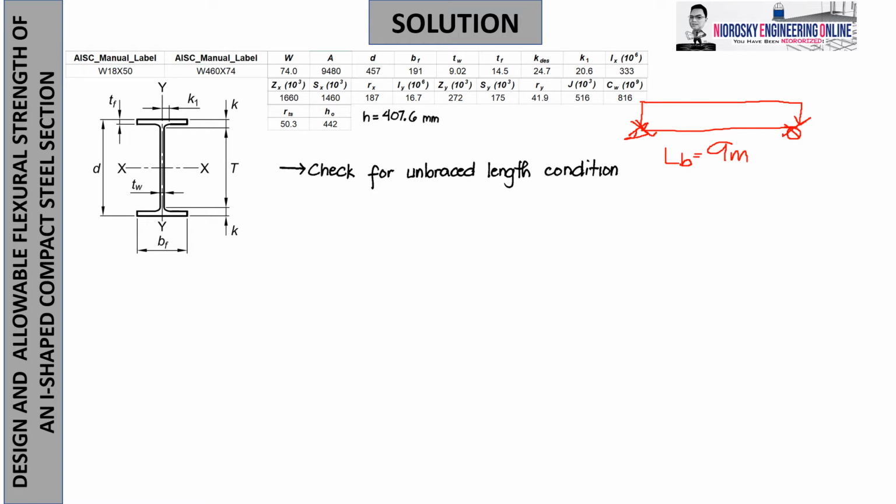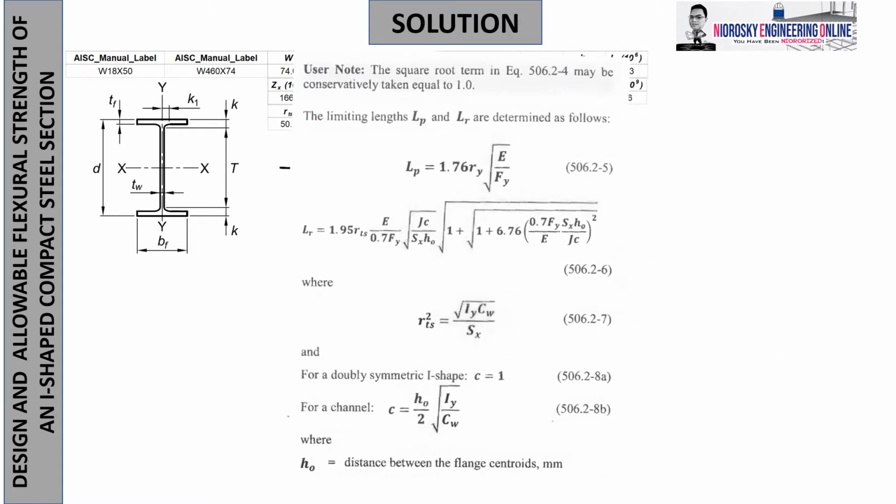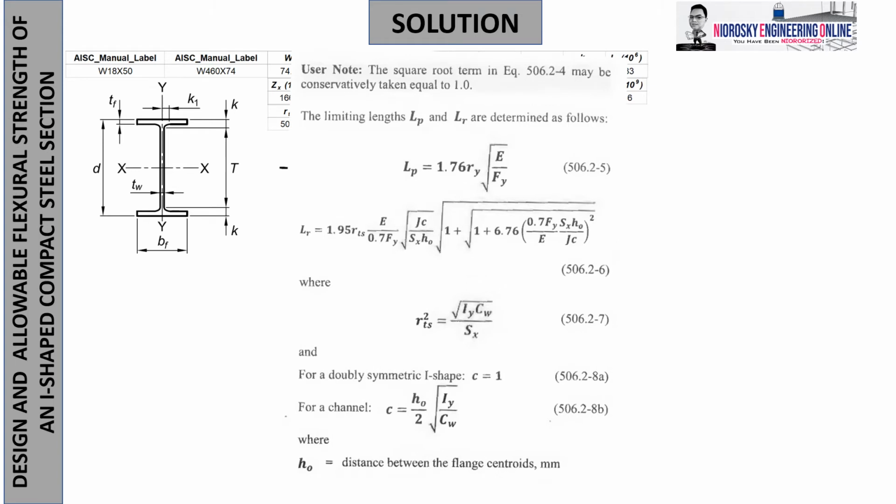So, therefore, ano kaya yung code na pwede natin gamitin out of that? Using the compact section condition, recall that there is an equation residing to this. So, kapag compact section, ito yung pag-compute ng ating Lp, yung pinaka-minimum value ng ating unbraced length, at saka yung Lr natin, medyo may konting kabaan.